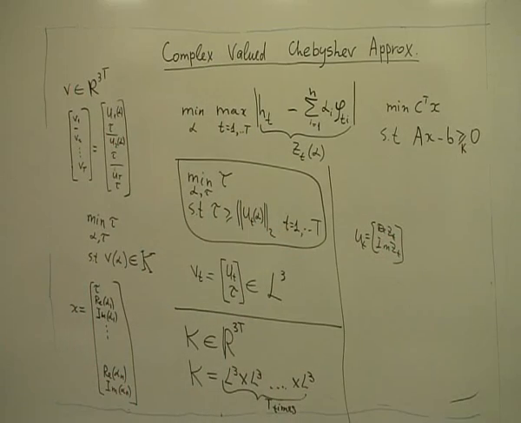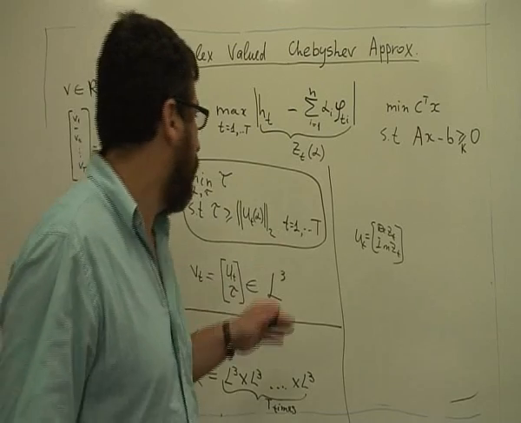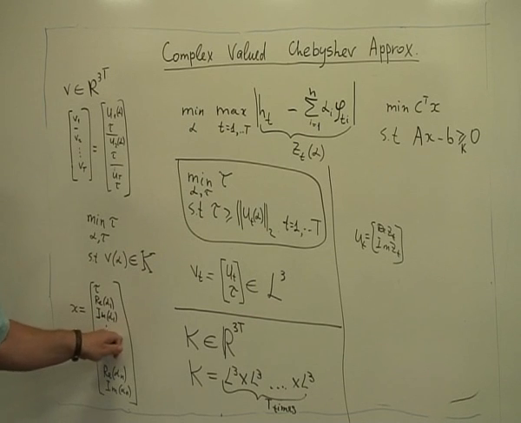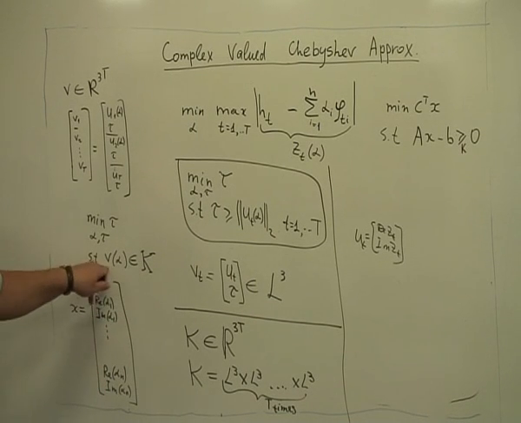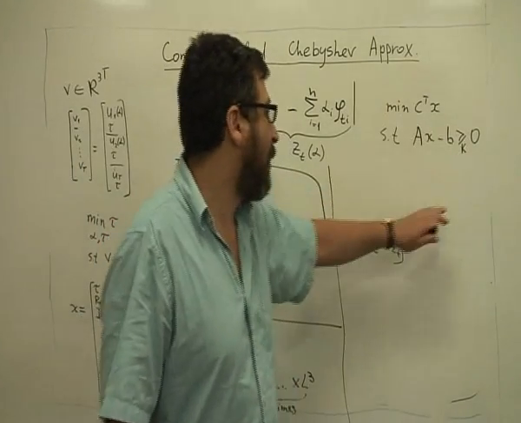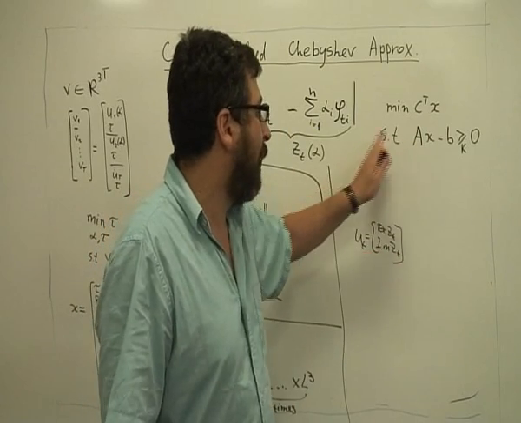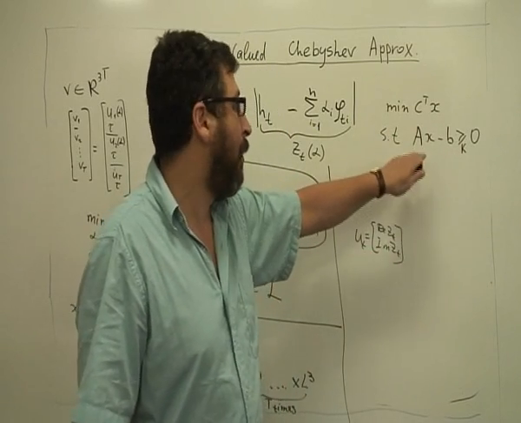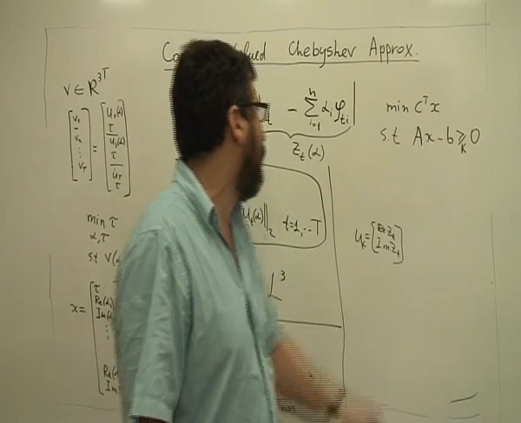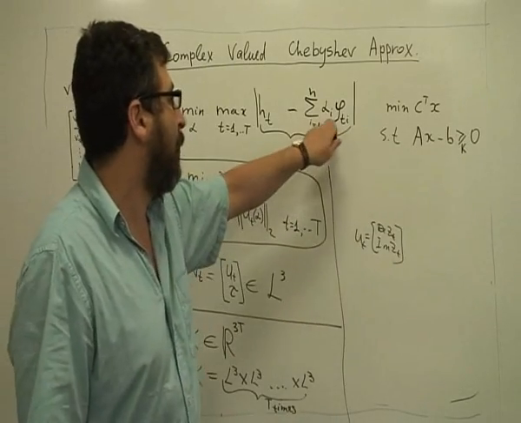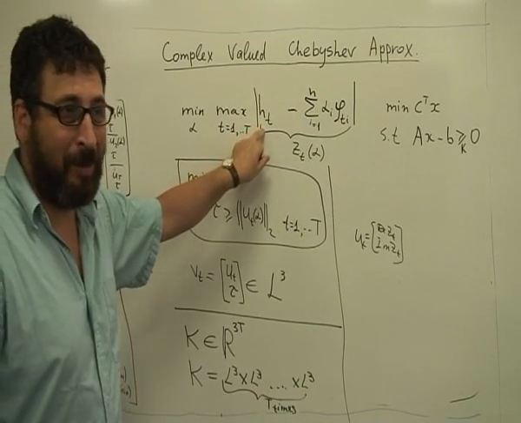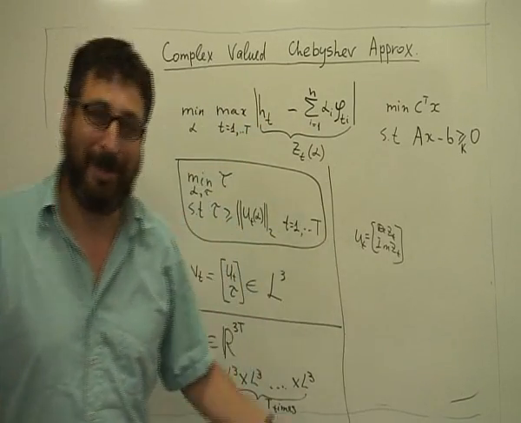Okay? So now you have all components. You have the definition of x and you have a definition of a linear function of x which belongs to K. You have all components to write explicitly for this conic program what will be vector c, what will be matrix A, and what will be b. And of course the elements will depend on components of our original problem, and I leave it to you as your homework.